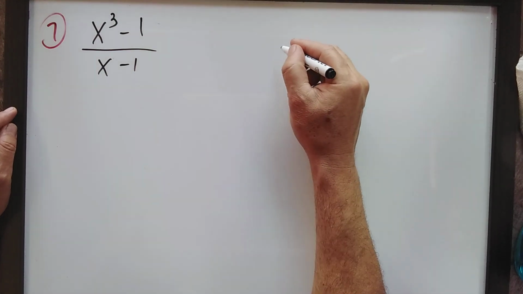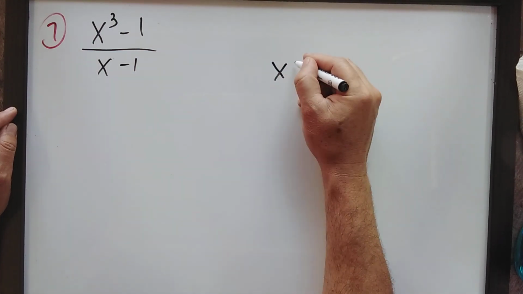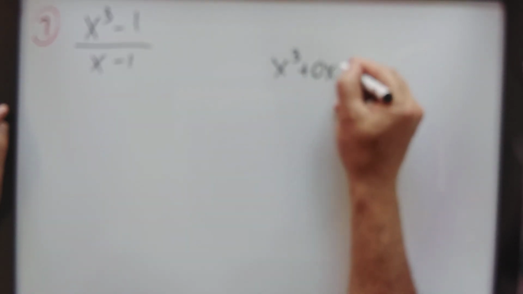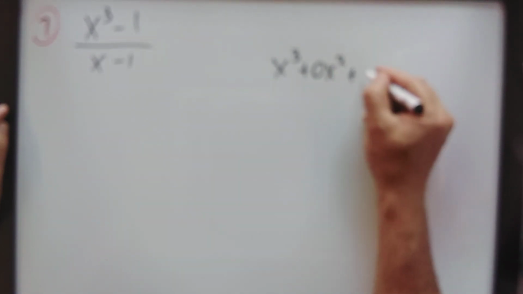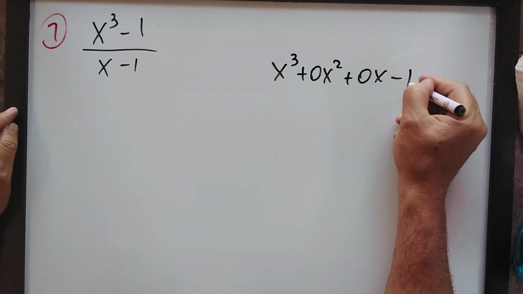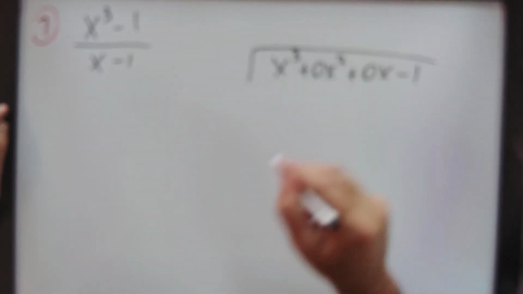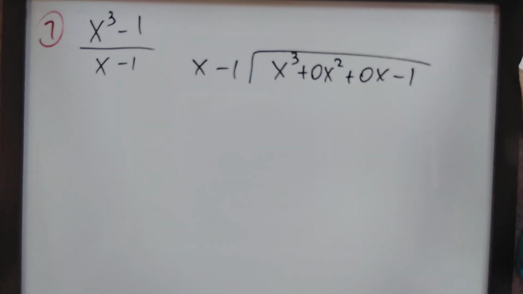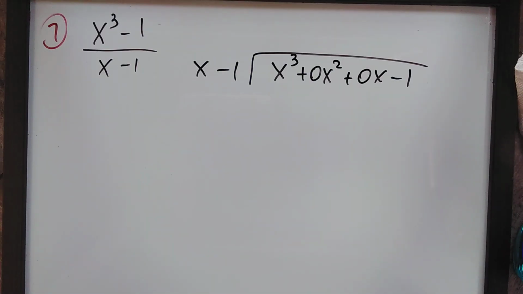You put x to the third plus 0x squared plus 0x minus 1 divided by x minus 1. That's how you set it up.